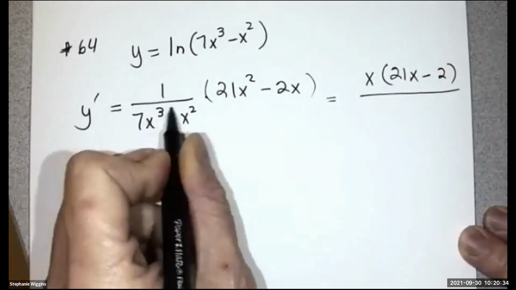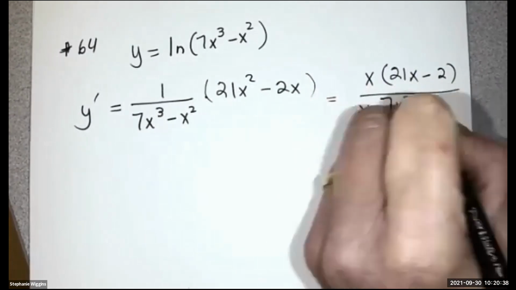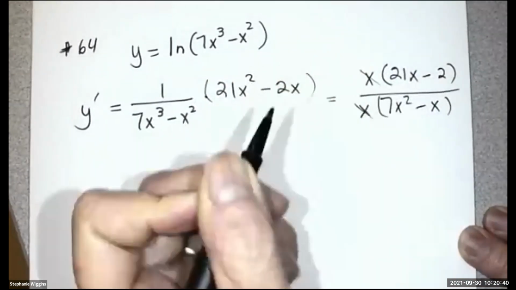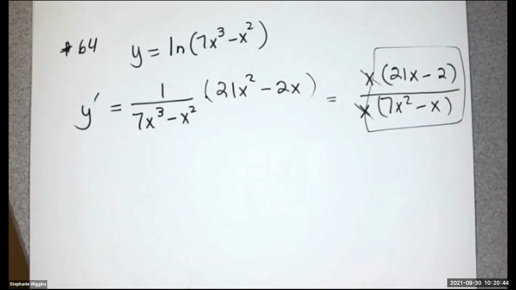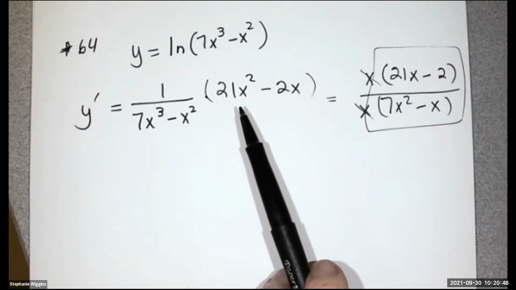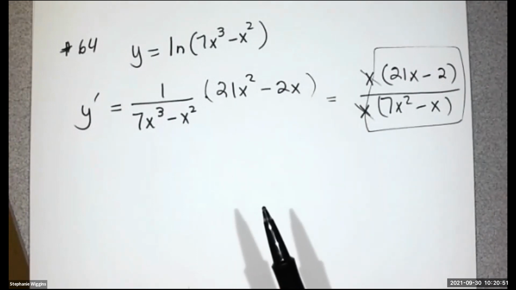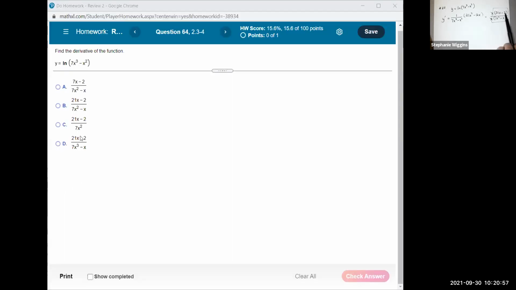And then here, there's a factor of x. So I can pull out the x, 7x squared minus x. So these are going to cancel. So this is what you're looking for, this part right here. So I first tried to see if they had my answer, and they did not. So then I had to simplify it. So you can see here, 21x minus 2 over 7x squared minus x. So it looks like B is the correct choice.